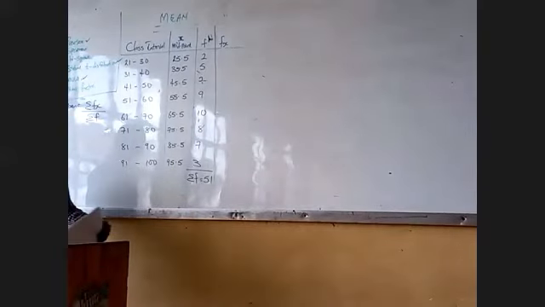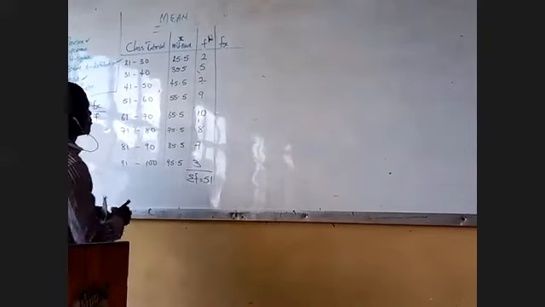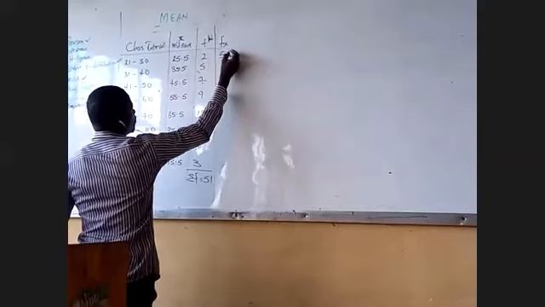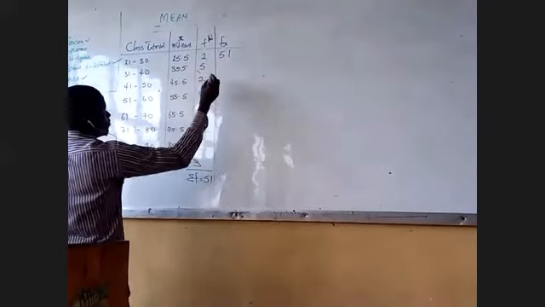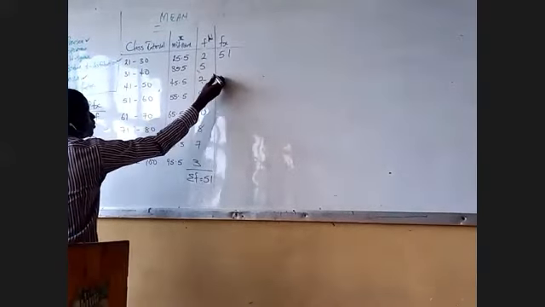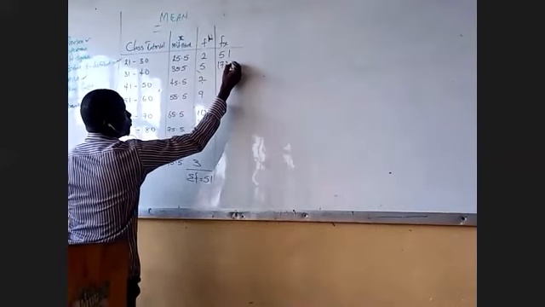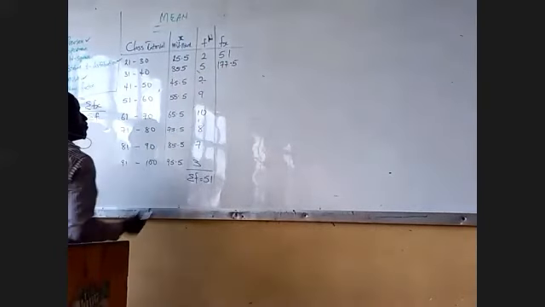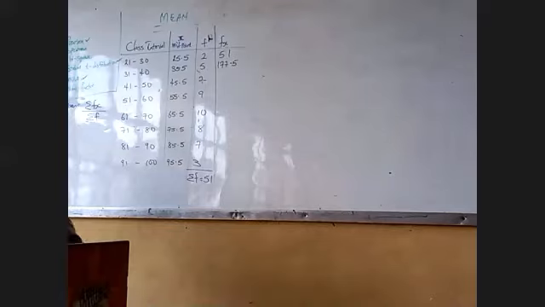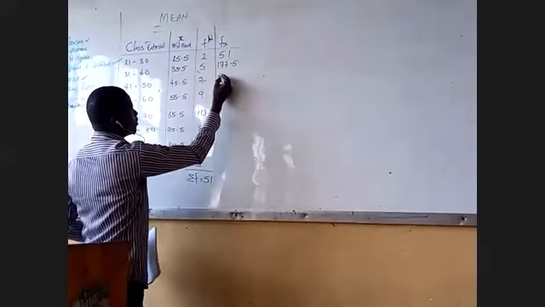So 2 multiplied by 25.5 give us what? 51. 5 multiplied by 35.5, 177.5. 7 multiplied by 45.5, 318.5.